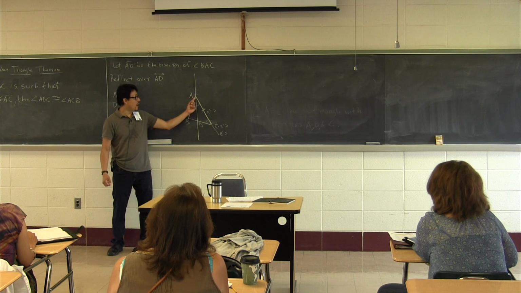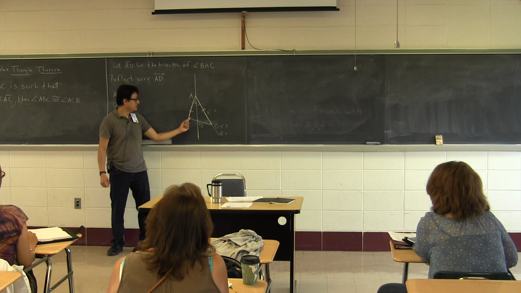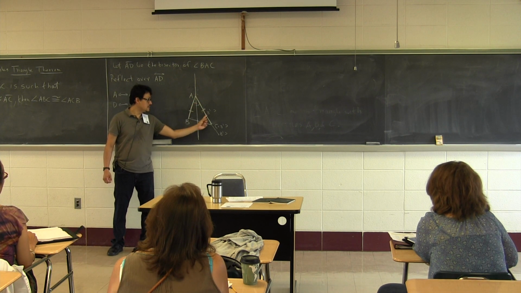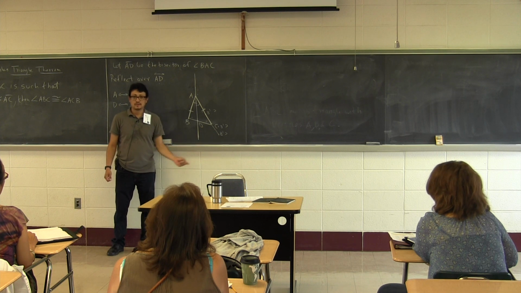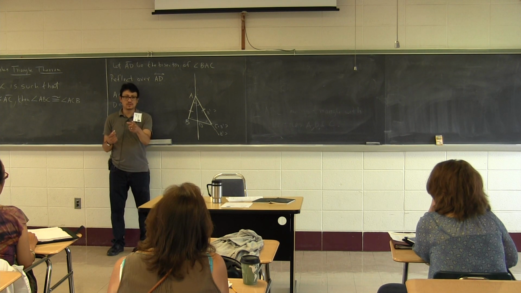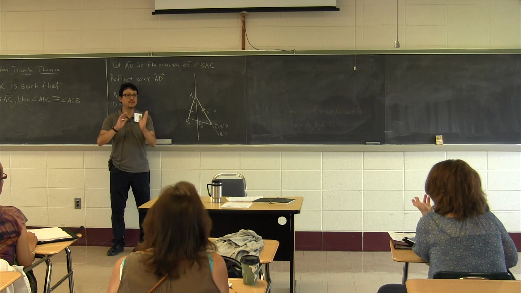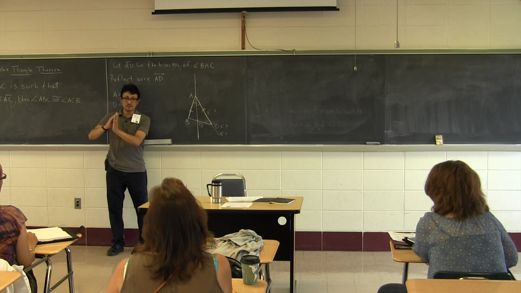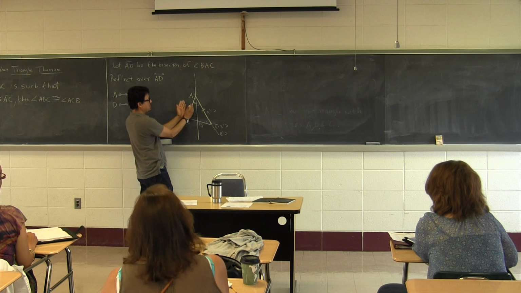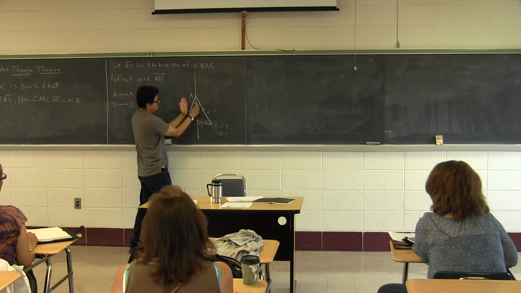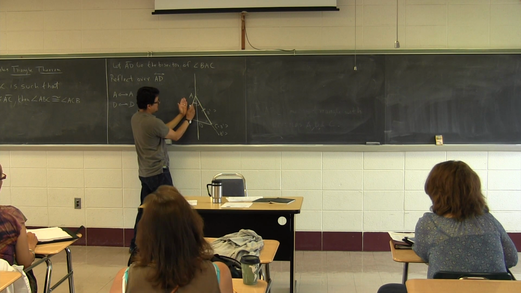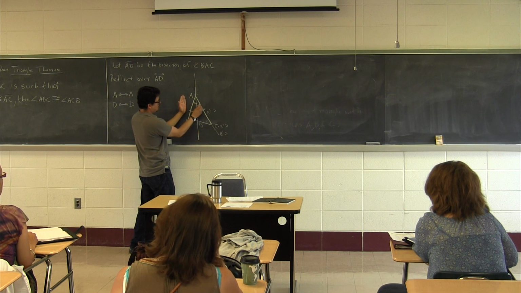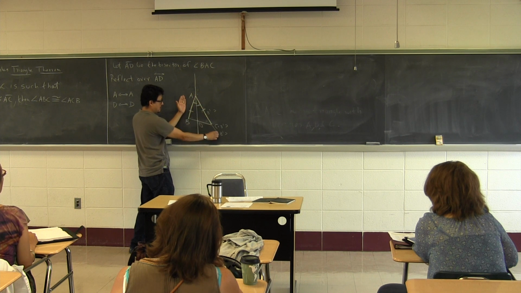So why is this line on this line? Because it bisects the angle, and the reflection preserves angles. So this angle must be preserved on the reflection. So this line is going to make the same angle, its image, with this line. So these angles are the same. So this line is over here.